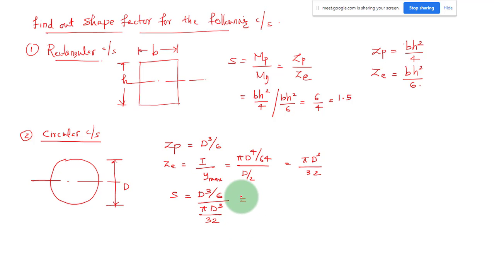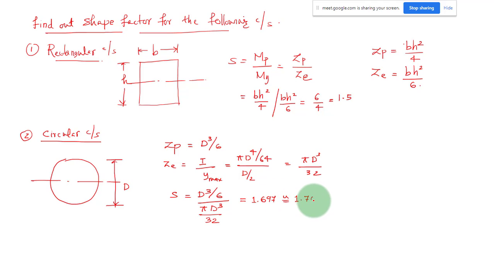So give me this value, anybody? 1.697. Yeah, so 1.697. We can take it as 1.7.